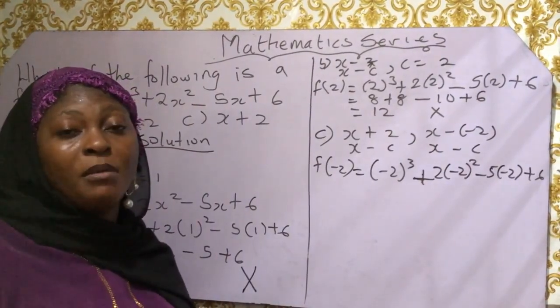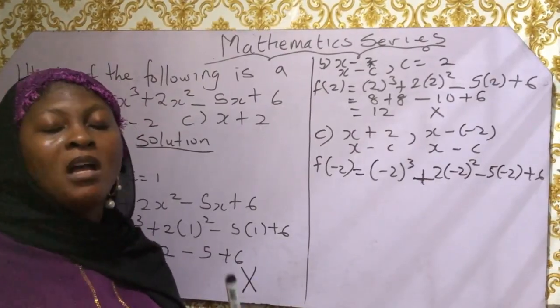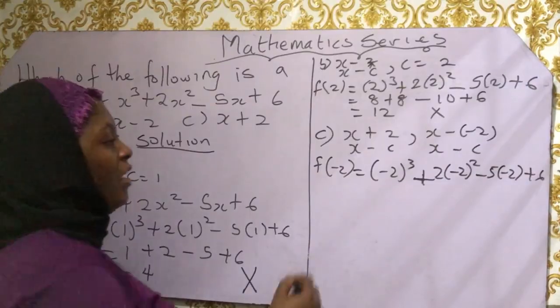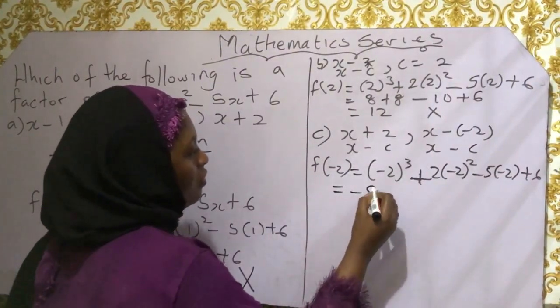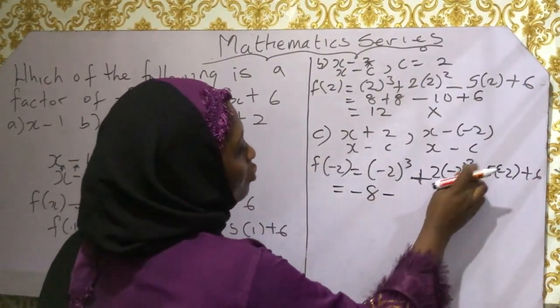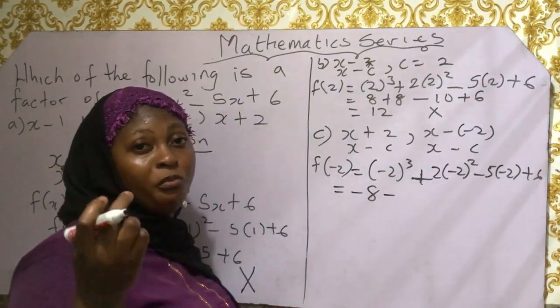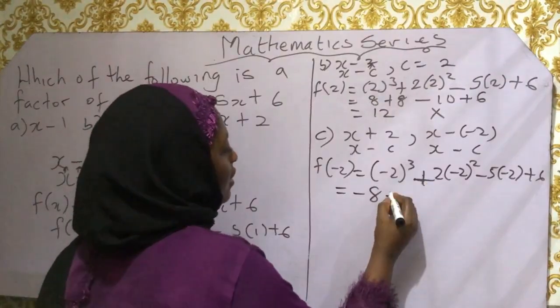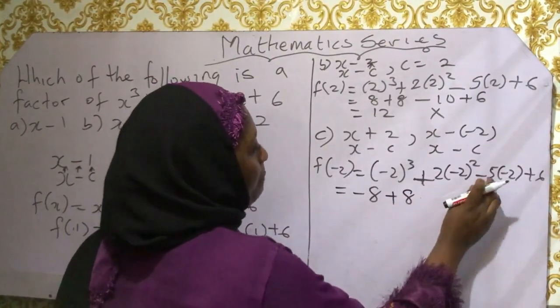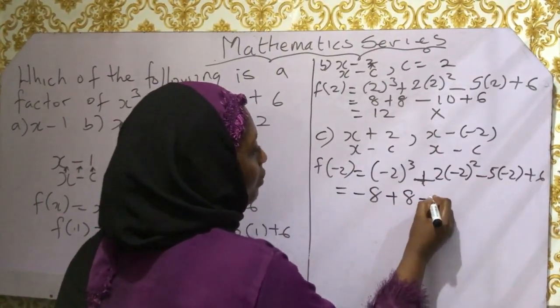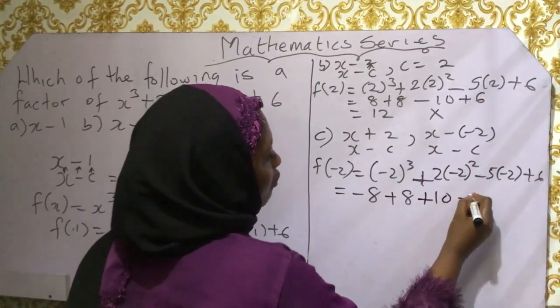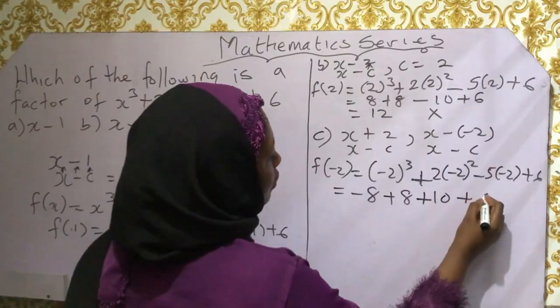Minus 2 times minus 2 gives 4, rather. And 4 times minus 2 gives negative 8. Then minus 2 squared, minus 2 times minus 2 gives positive 4, times 2, that is 8. Then minus 5 times minus 2 gives plus 10. Then you have plus 6.